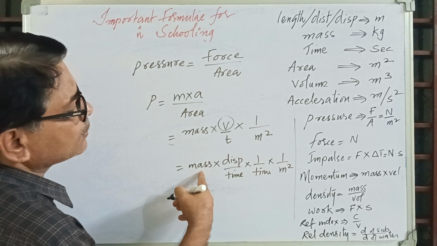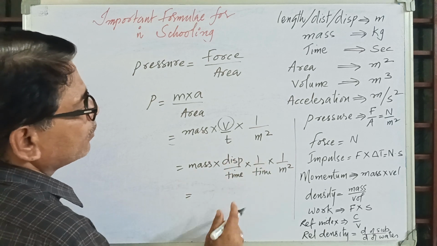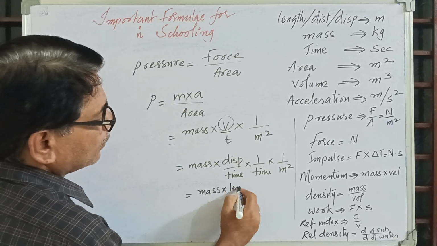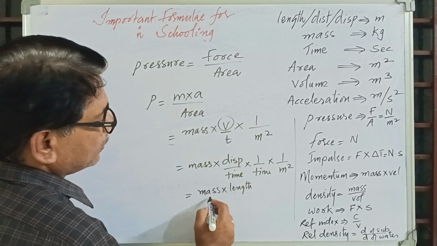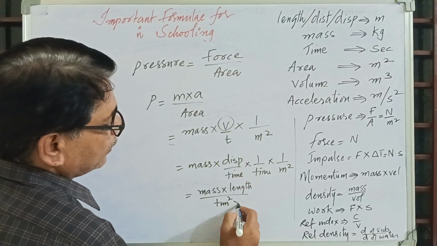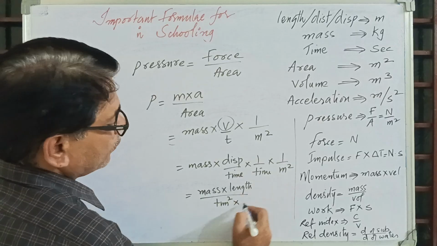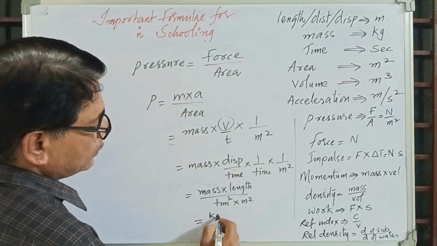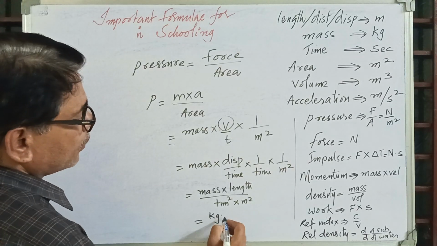Now I have mass. Everything is now turned into fundamental quantities. That is mass into distance or displacement, length by time into time, is time square, and what else is left out? Meter square, that is area. What is the unit for mass? Kg. What is the unit for length?